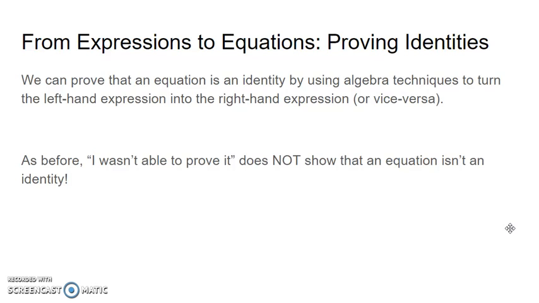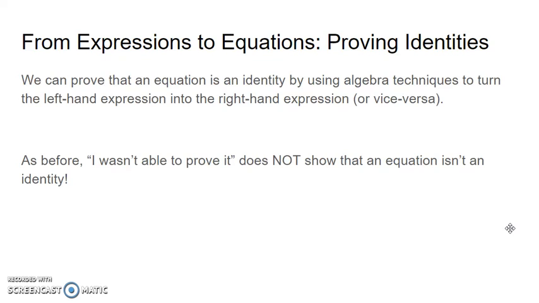And to close us out here, we have now established that you can make your own identities by doing appropriate algebra techniques, and what we're going to see going forward is that we can take existing equations and prove that they are identities by using those self-same techniques.